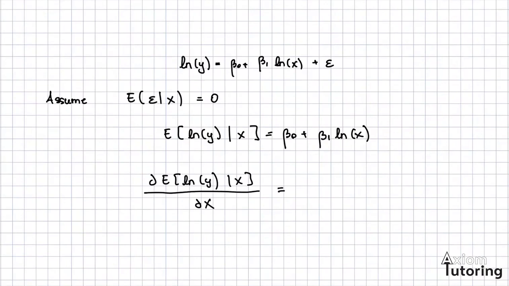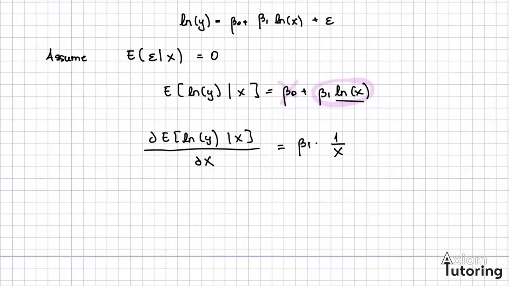And in the right-hand side, the only bit where we see an x is in here, so obviously the beta null will disappear, and we're going to have simply beta 1 times the derivative of ln of x, which is just 1 over x. So basically we can rewrite the left-hand side simply as the derivative of the ln of y with respect to x being equal to beta 1 times 1 over x.